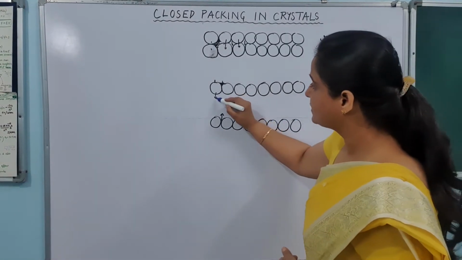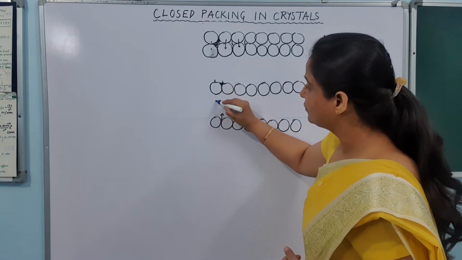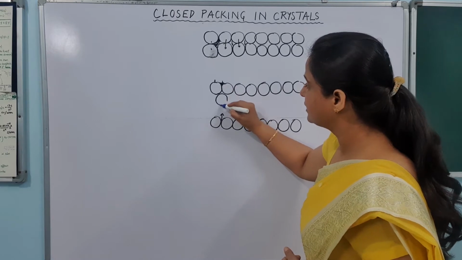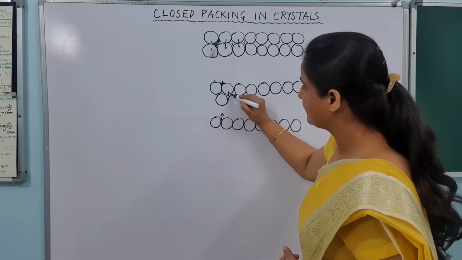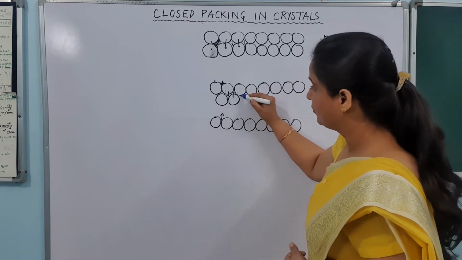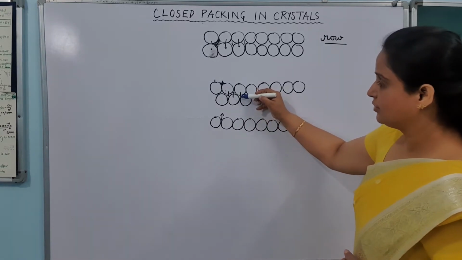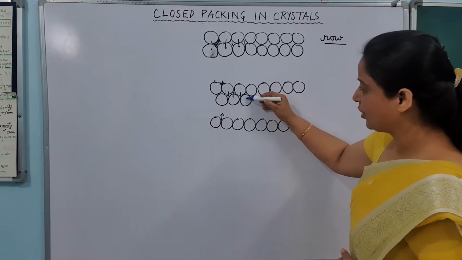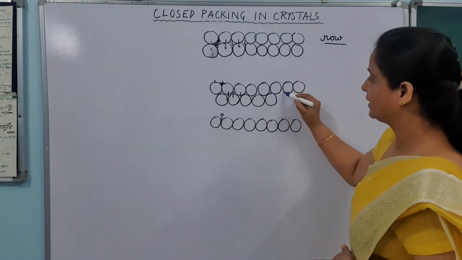Let's see how it happens. This ball and the groove of the other. Look at this, ball and the groove, ball and the groove. Can you see? Ball, groove, groove, ball.